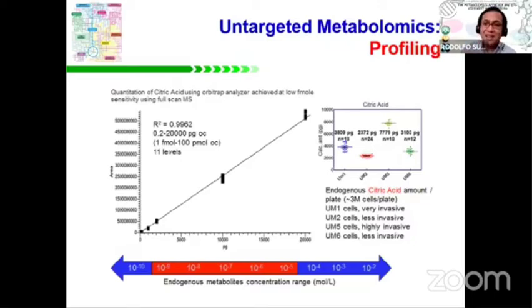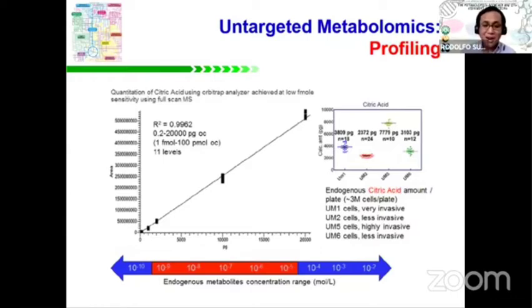See, if you have an instrument with large dynamic range, you will be able to cover these very important metabolites that are of minute concentration, but otherwise very important for biological interpretation. If you don't have a large dynamic range in your instrument, you are going to miss this important information.